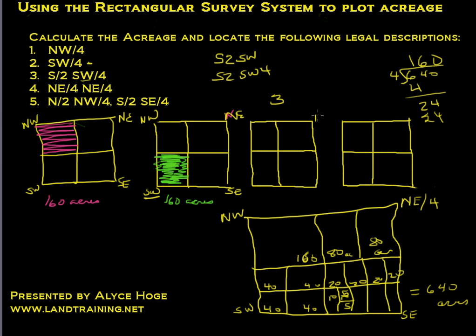So let's go ahead and label these northeast, southeast, northwest, southwest. Okay, and this is going to be the south half of the southwest. So here we are in the southwest quarter. We'll start there, read it backwards, and it's going to be the south half of that. So this would be the south half of the southwest quarter.